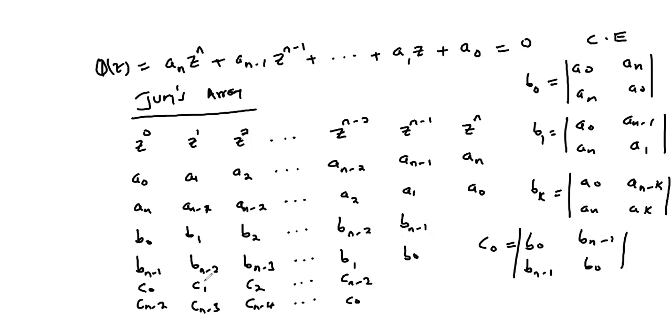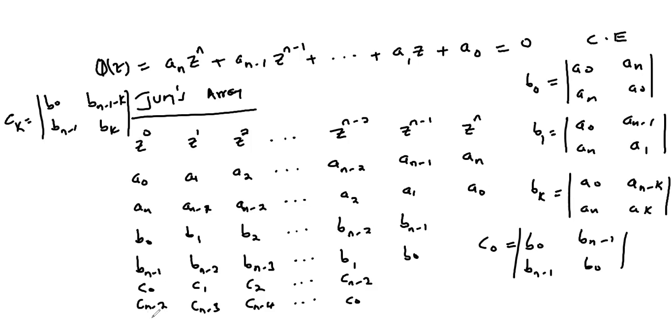Similarly, c_1 will be the determinant of b_0, b_(n-1), and then b_(n-2), b_1, from which then we can tell that for any c_k, the determinant will be obtained by b_0, b_(n-1), and then b_(n-1-k), b_k.